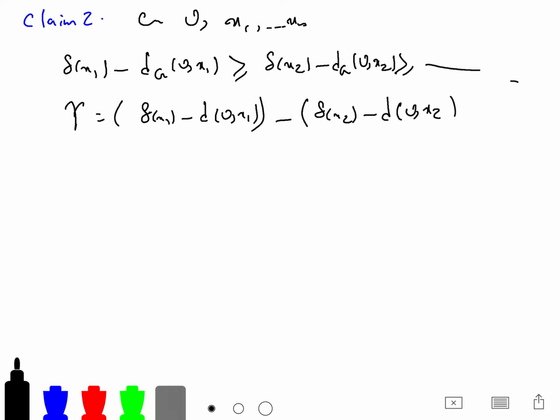So I just use the triangle inequality. So if this holds, then for every vertex u, d of v and u is less than gamma over 2, it holds that u is in Cx.